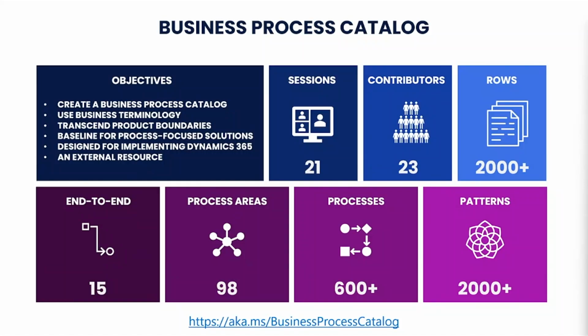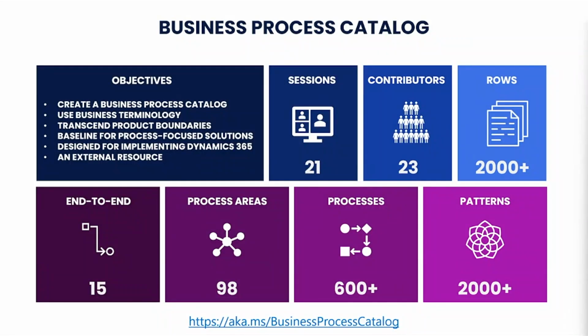We also wanted to make sure that the catalog could transcend product boundaries. In other words, we didn't want one for customer engagement apps and one for finance and operations apps. We wanted one big, giant, business-savvy business process catalog. And this catalog would become the baseline for our chapter in the implementation guide that's all about process-focused solutions.